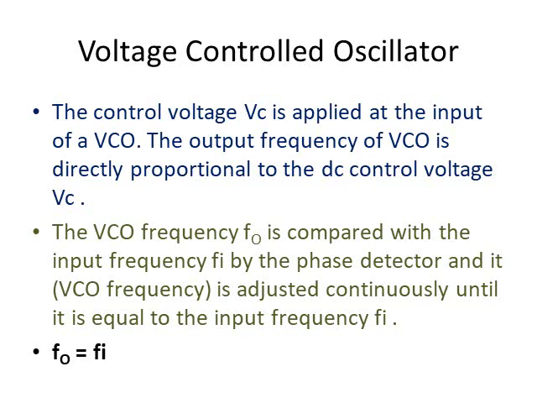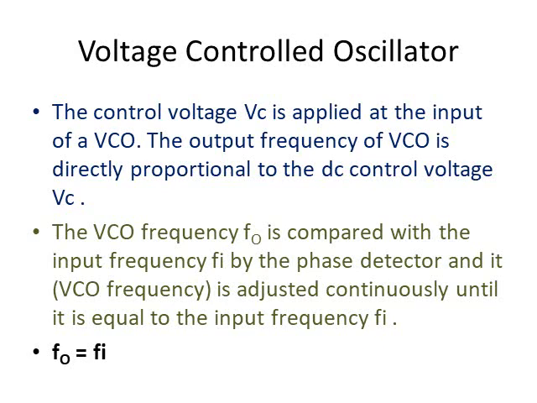Next portion is voltage controlled oscillator. The output of the low pass filter is amplified with an amplifier. The amplified output is called control voltage VC. Then VC is applied to the VCO. The output frequency of the voltage controlled oscillator is directly proportional to the control voltage applied to the VCO.